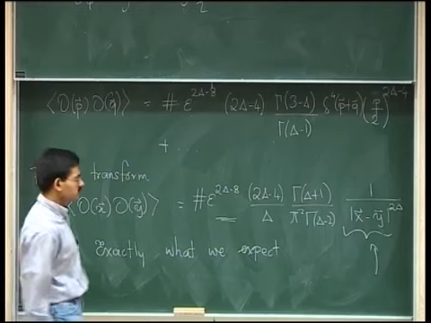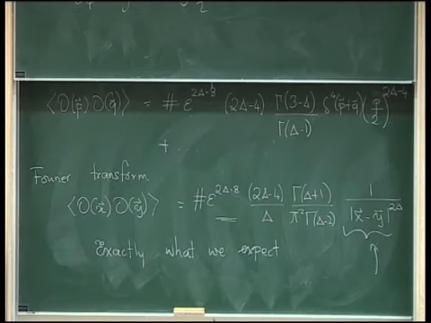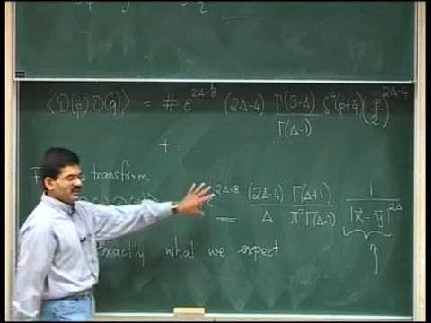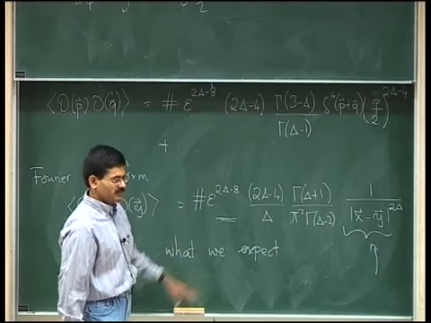To some power will be cancelled by this hash, yeah? No, so the epsilon to some power we'll have to deal with. This is a cutoff. This is a regularization dependent thing. The hash is some numerical constant, which I am not worried about.